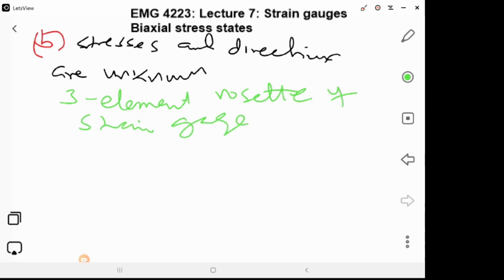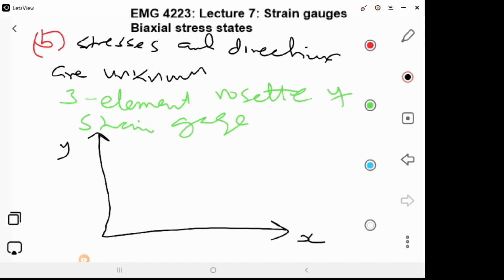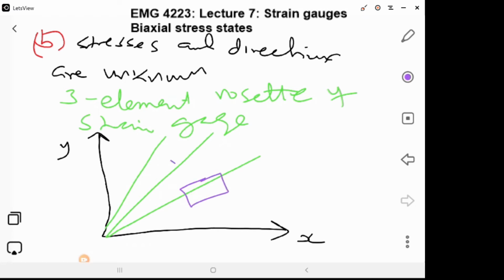So we have this as the axis, and we'll have three strain gauges. Here we have the first strain gauge, the second strain gauge, and the third strain gauge. That's a 3-gauge rosette.